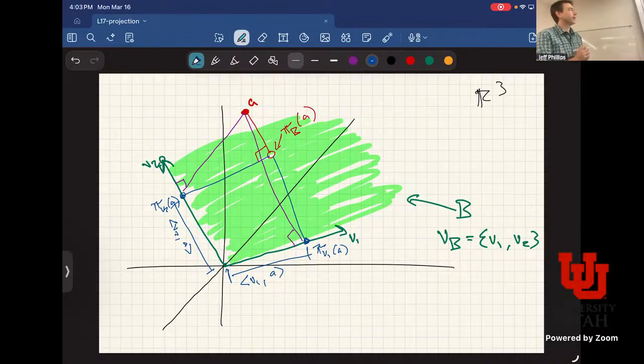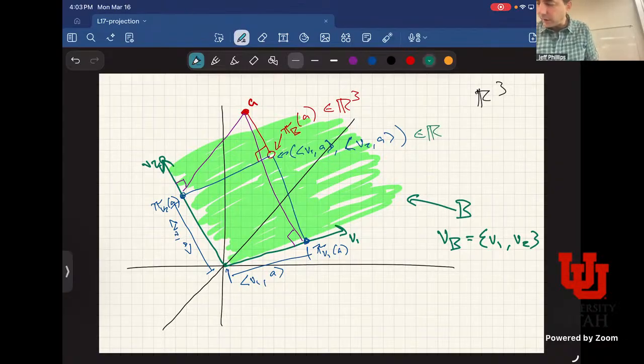Okay. And so what's powerful is that this is now a point that lives in R3, but I can also write this point as a 2-dimensional coordinate, V1A, comma, V2A.